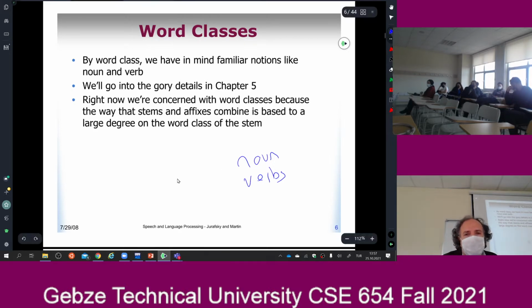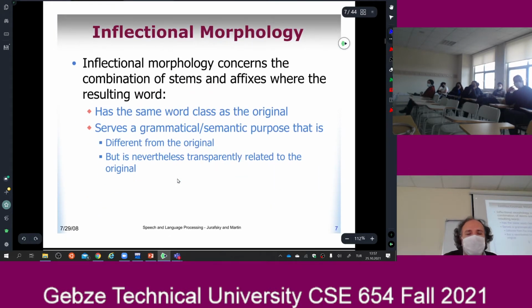Now we are looking at the structure of words. So inflectional morphology is this. For English, as I said before, it is very easy. It is the combination of stems and affixes to produce new words, and the new word has the original meaning and the same word class as the original.